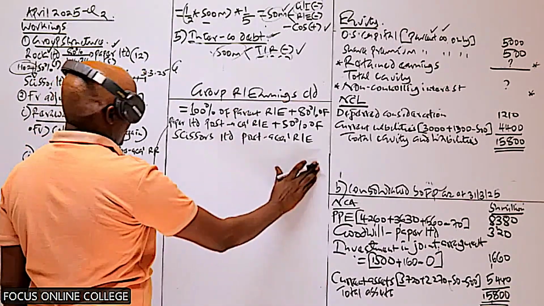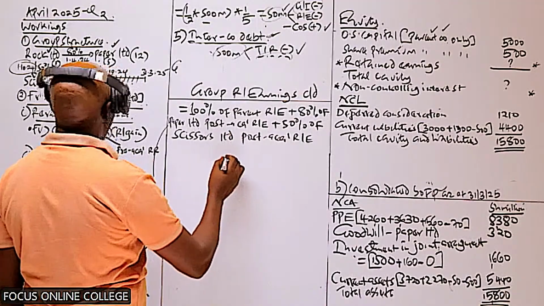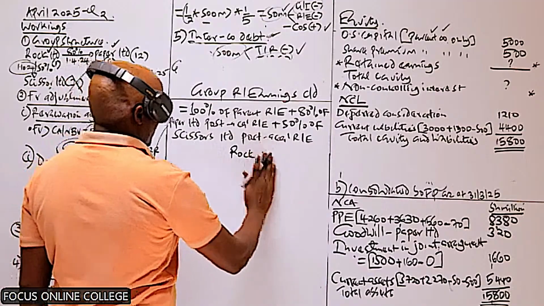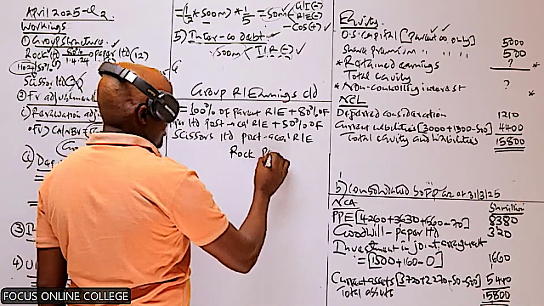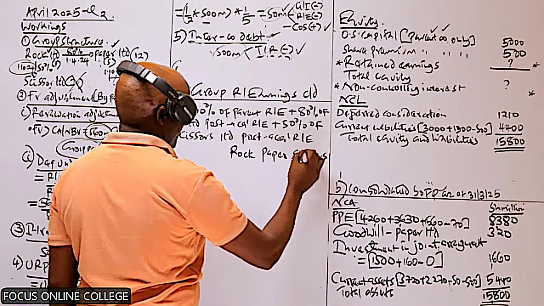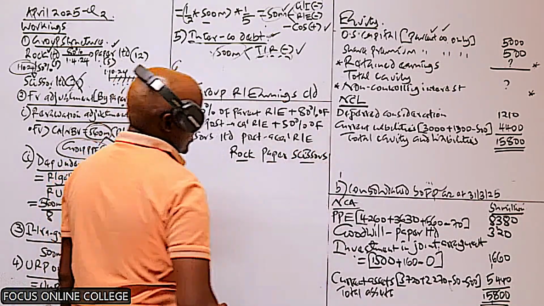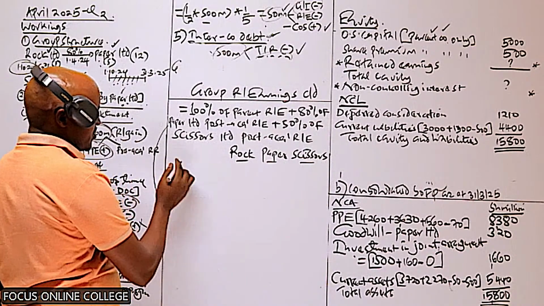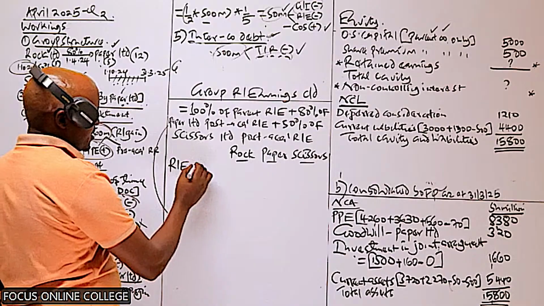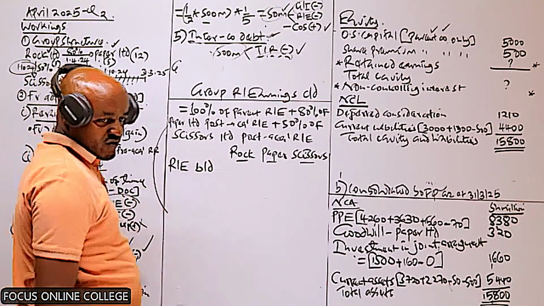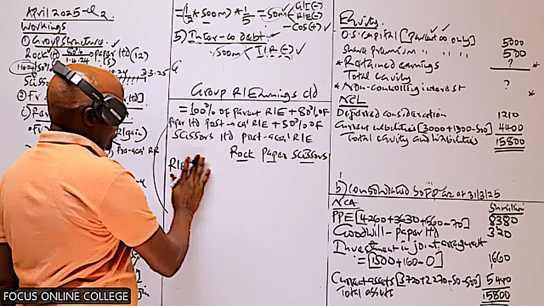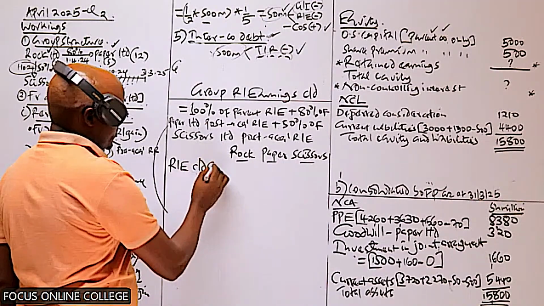So what we should do is have 3 columns for our companies here, starting with the parent, which is LL, the subsidiary Paper, and the joint venture Sisters. In this case, we take the retained earnings as given in the statement of financial position, the balance carried down.